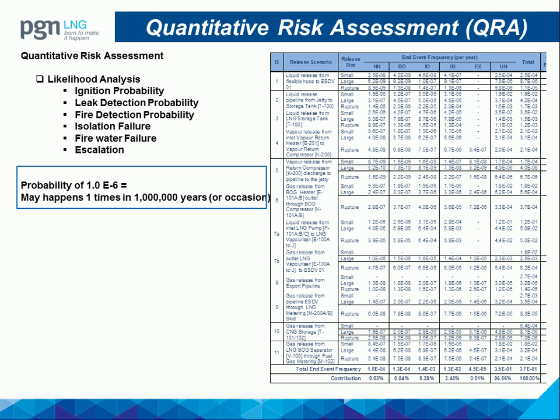If I've been running the plant for 10 years and I got the probability of 1 to the power minus 6, that does not mean nothing will happen for the rest of the 990 years from now. That's not true, because if it's probable to happen, it can happen now, tomorrow, or 1000 years from now. So please use a good description for this.